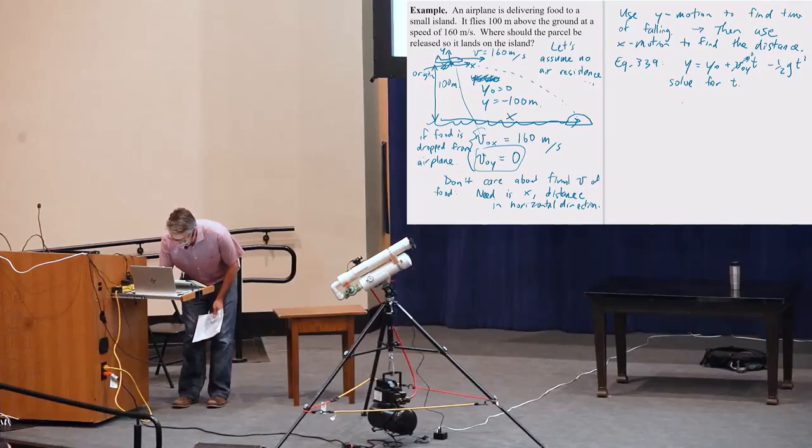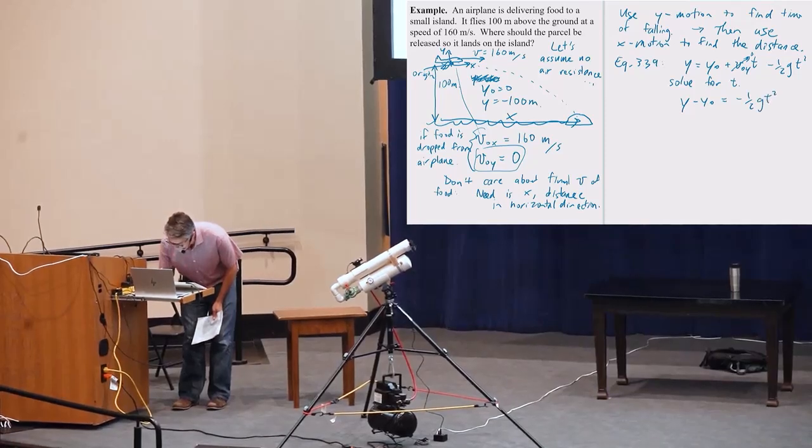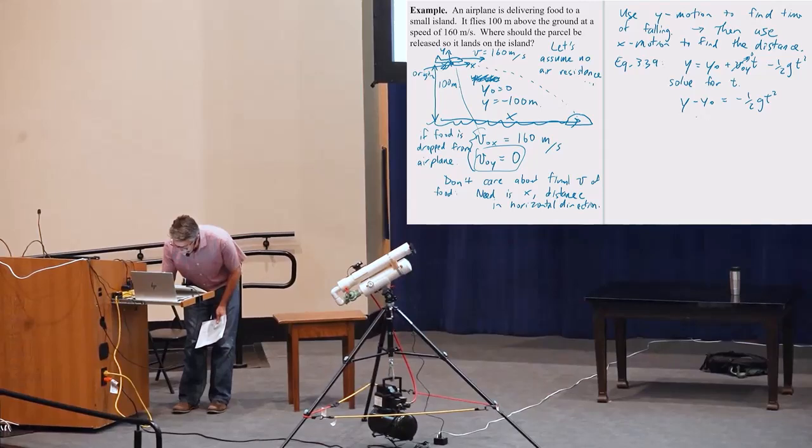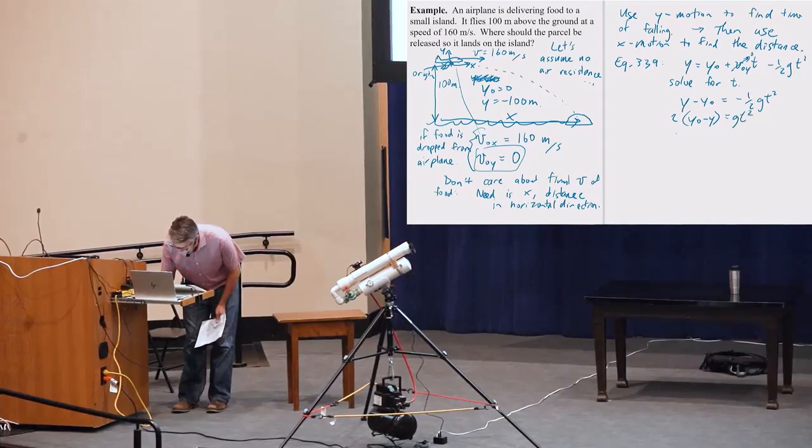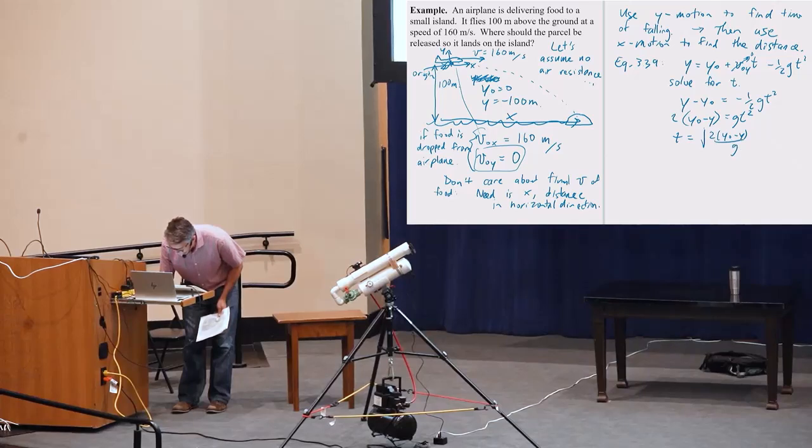So it's going to look like this. y minus y0 is equal to negative 1/2 gt squared. So we can solve that. You multiply by negative 2, you get y0 minus y times 2 is equal to gt squared. So t is equal to the square root of 2 times y0 minus y divided by g.